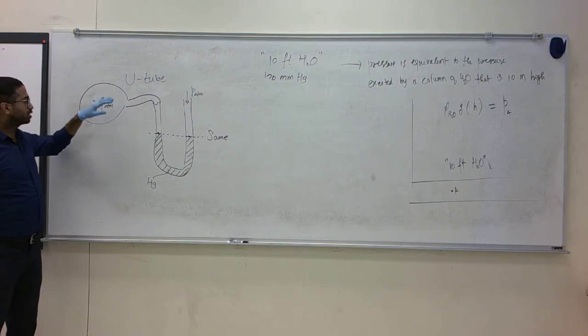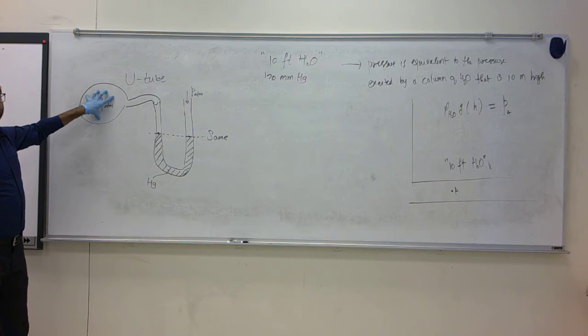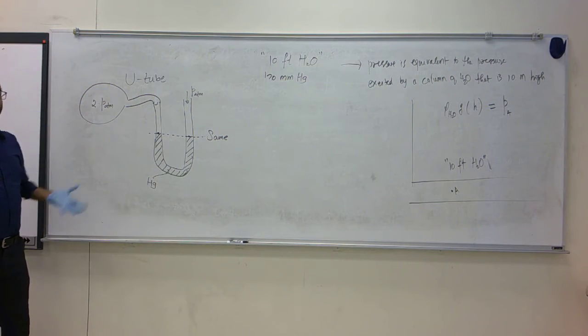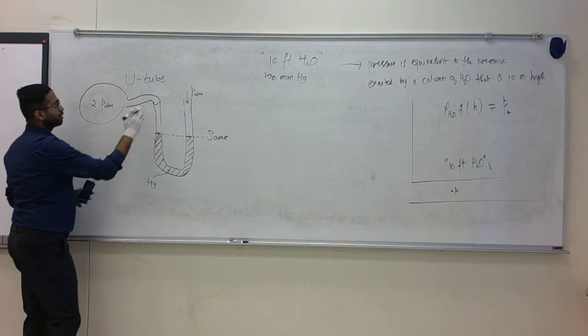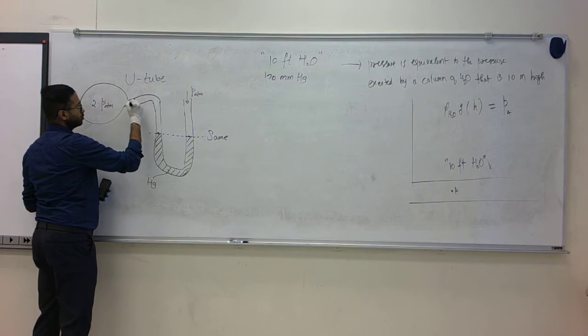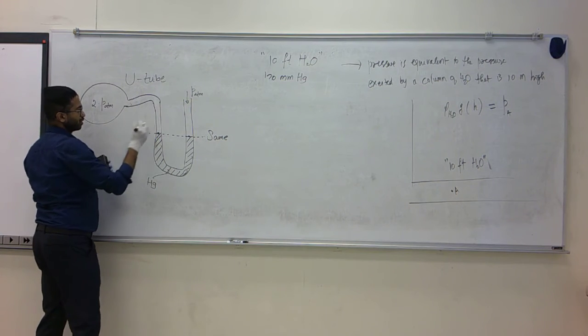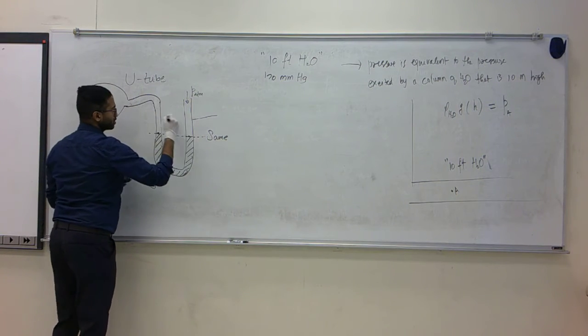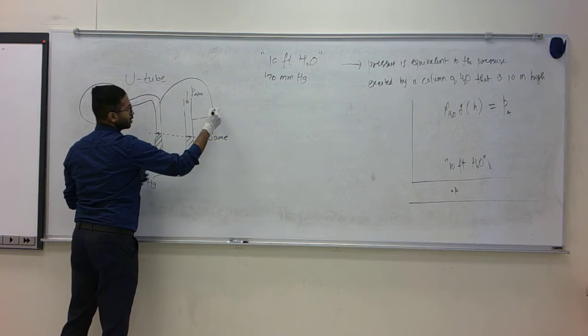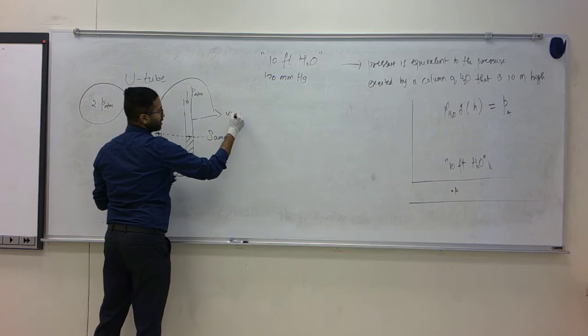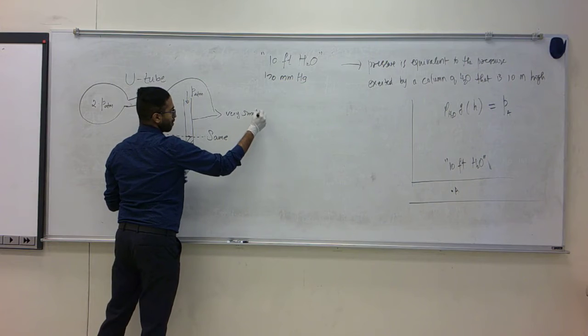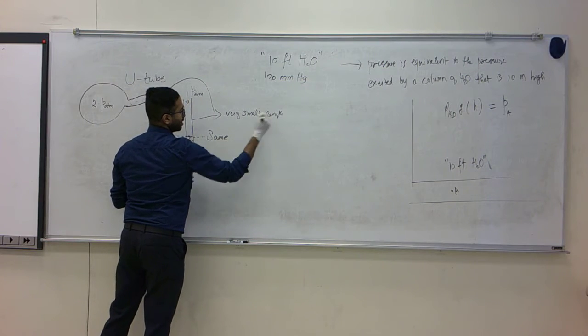Suppose I connect this to a balloon where the air is pressurized to 2 times the atmospheric pressure, and we'll assume that both these connecting tubes are of very small length in reality.